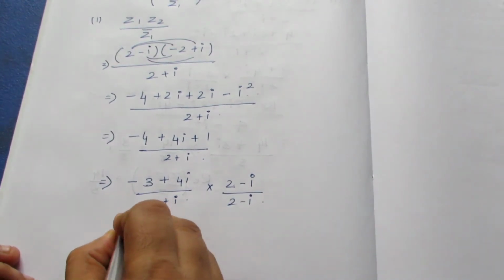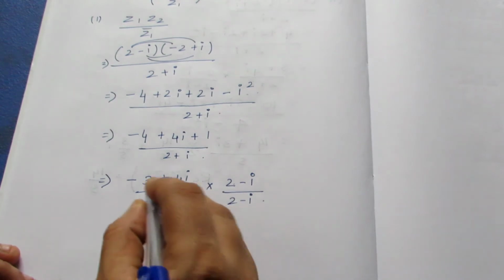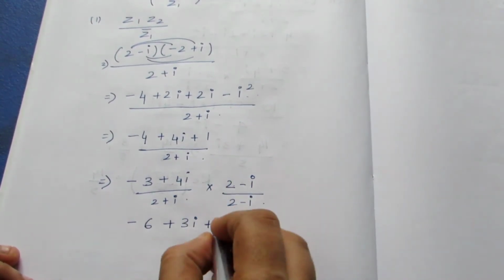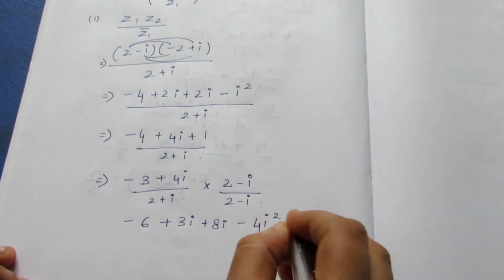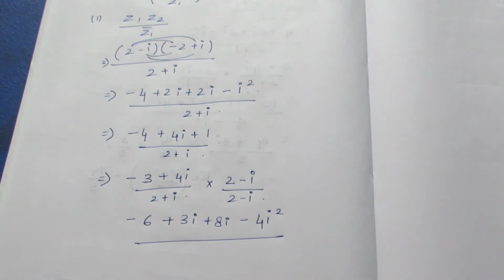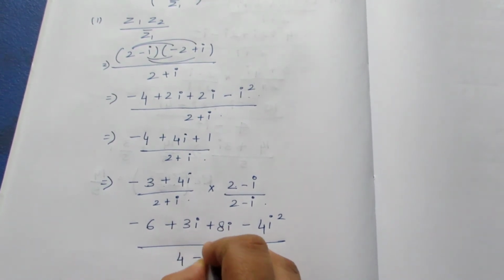Minus into plus will become minus, 3 2s are 6. Here, minus into minus will become plus, 3 into i will become 3i. Here plus 4 2s are 8i. Now again minus 4i square by, in the denominator it will be the formula (a plus b) into (a minus b), which is nothing but a square minus b square.